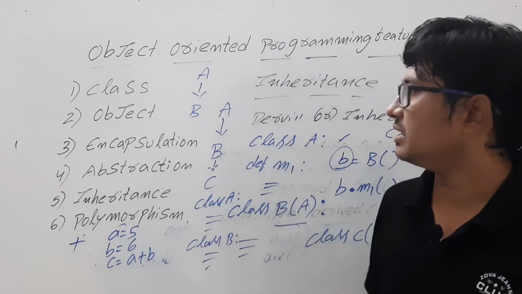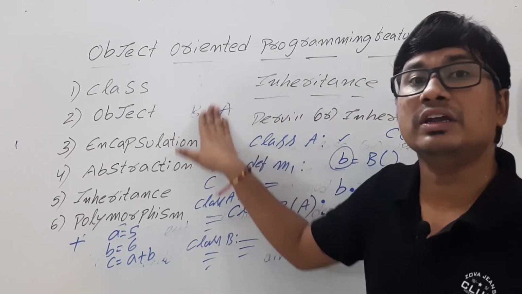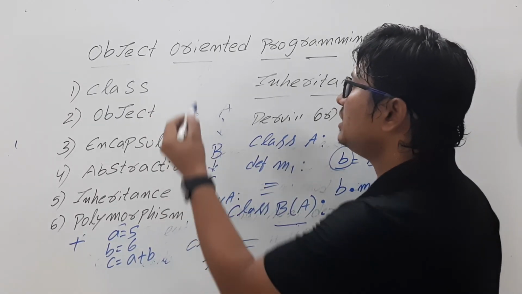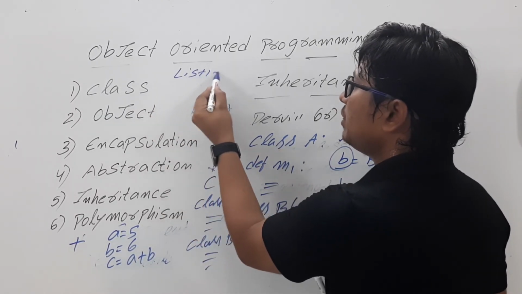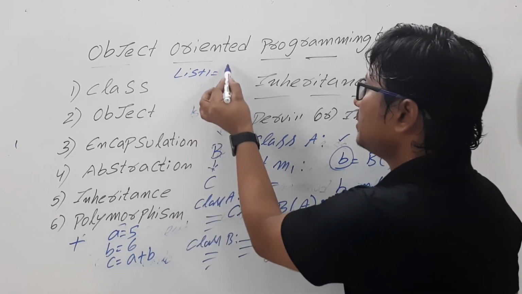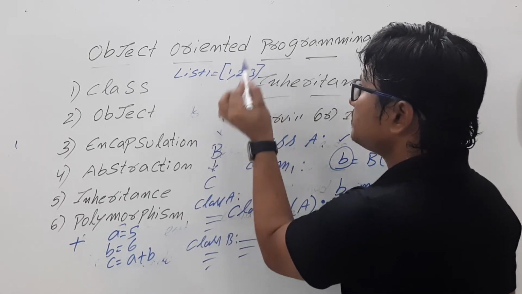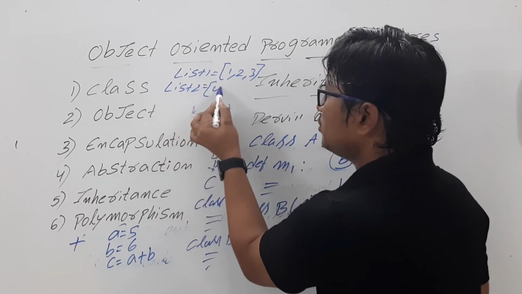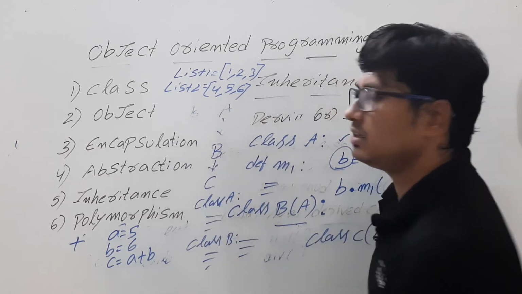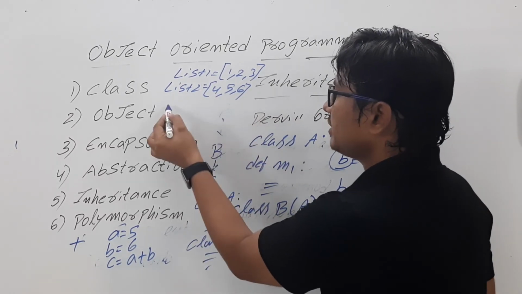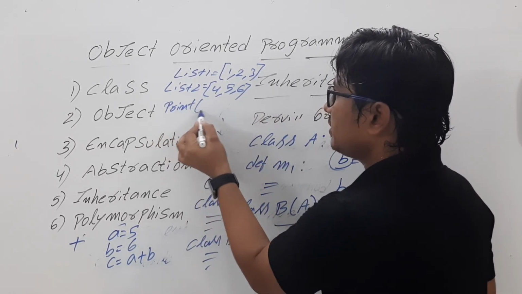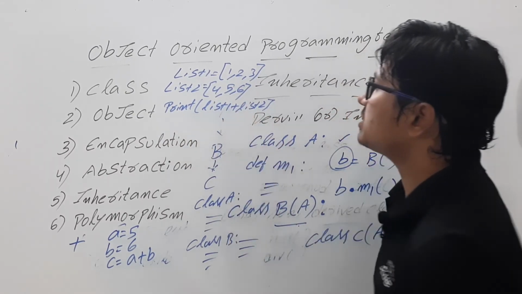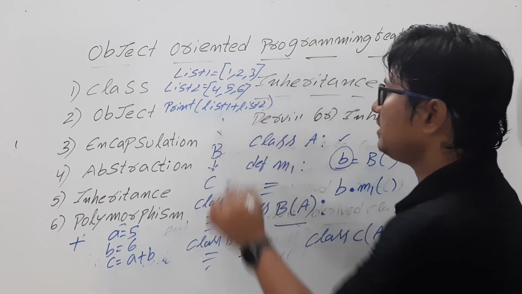Now the same plus, whenever we perform the concatenation of two lists. So I have a list 1 having some elements, suppose 1, 2, 3. I have list 2 having some more elements, let's say 4, 5, 6. If I write print list 1 plus list 2, are the values which are there in list 1 and list 2 added?